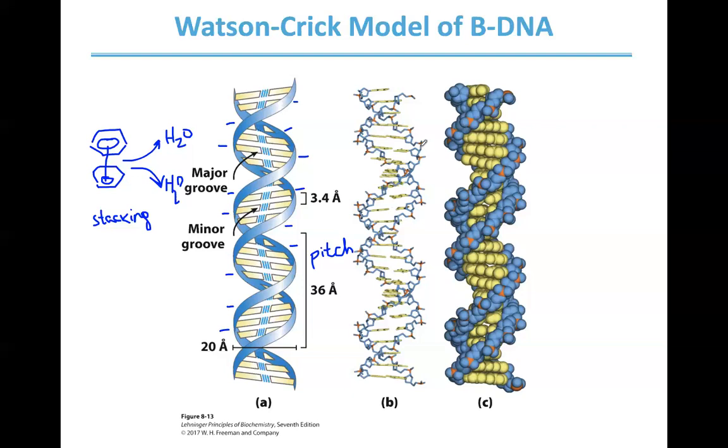And this is a phosphorus of the phosphodiester link between the two riboses. And then there's a space-filling representation. Also very clearly, you can see the major groove and the minor groove.